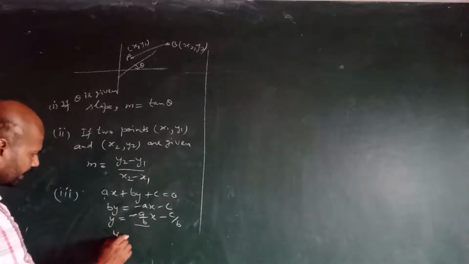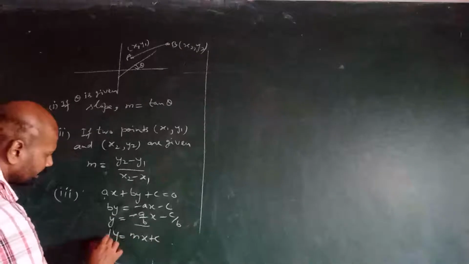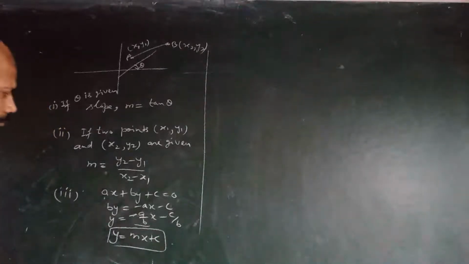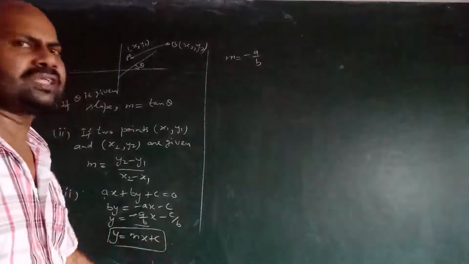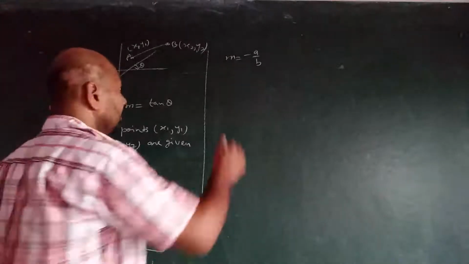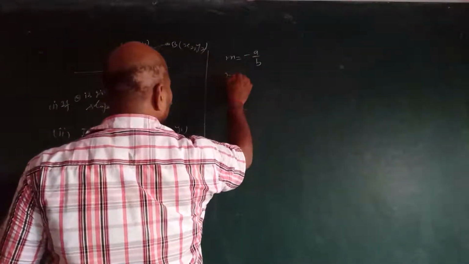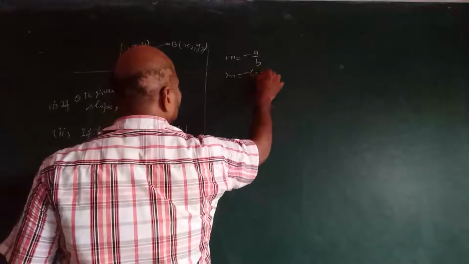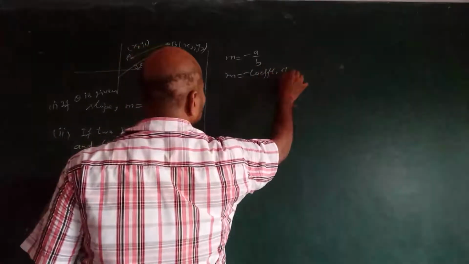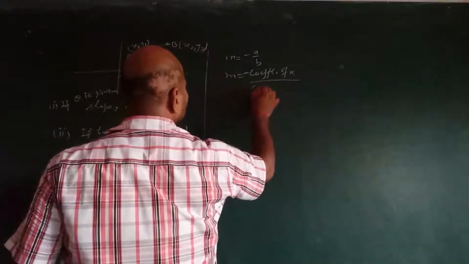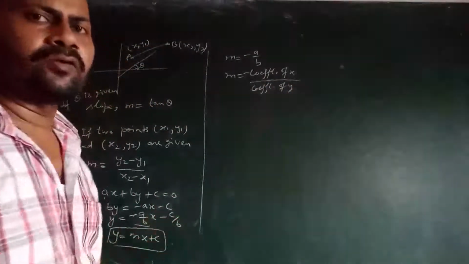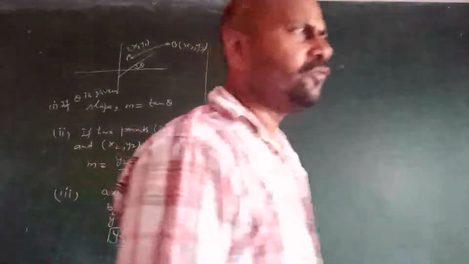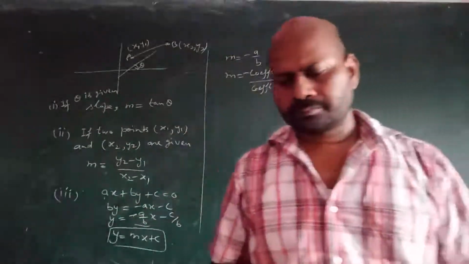Compare the equation y equals mx plus c with it. Then m equals minus a upon b, and c is the constant term left. So m equals minus coefficient of x divided by coefficient of y. These are the formulas to find the slope.